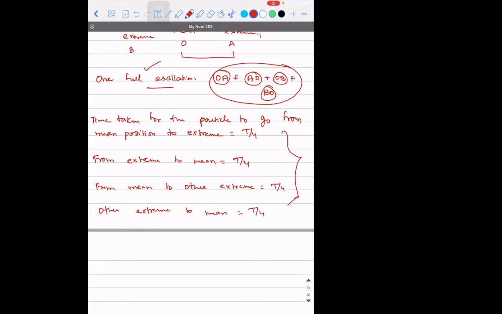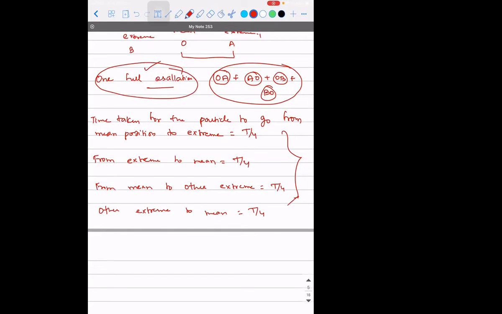Clear, guys? Yes, sir. Make a note of this. If you add all these times together, you get a total time of T. That is what is meant by one full oscillation.